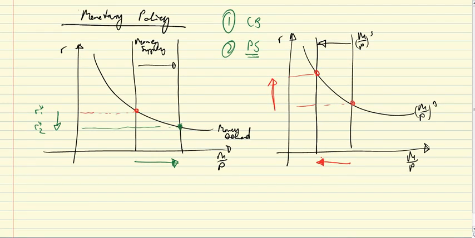So as the central bank sells bonds, the price falls and the yield on the bond rises. But as the central bank sells bonds, it mops up cash that has previously been in private sector hands and reduces liquidity. So let me put that here, maybe CB buys bonds and CB sells bonds.